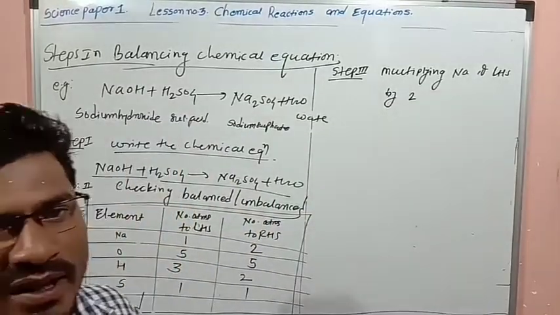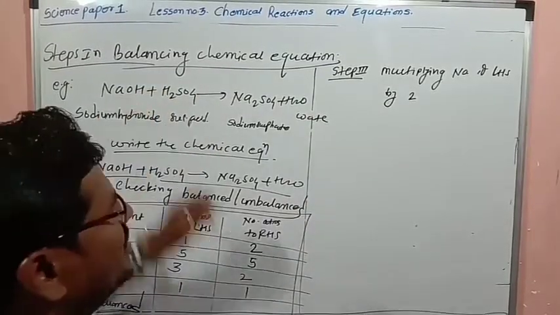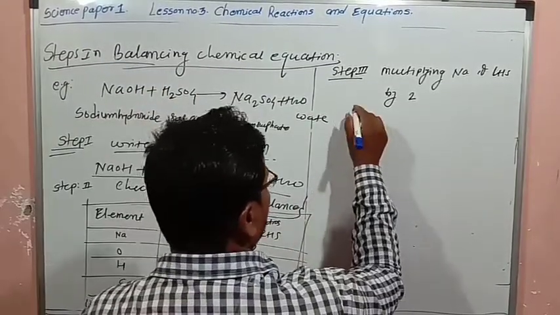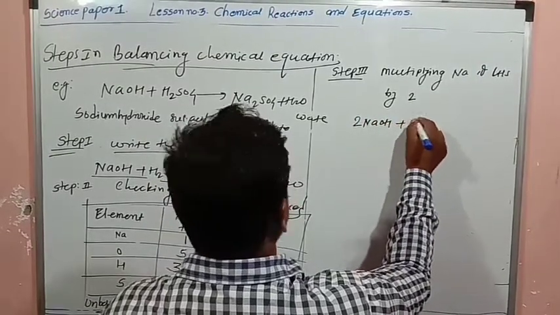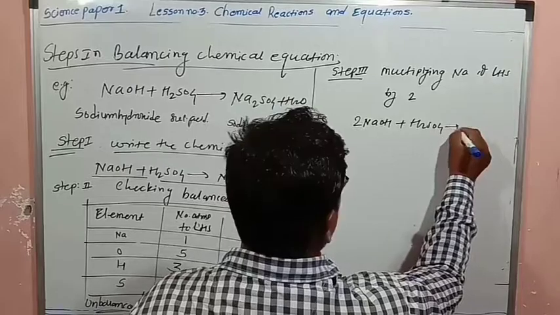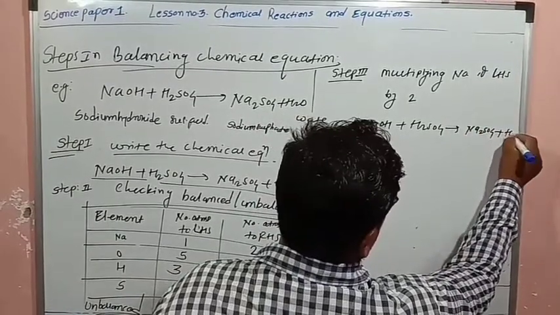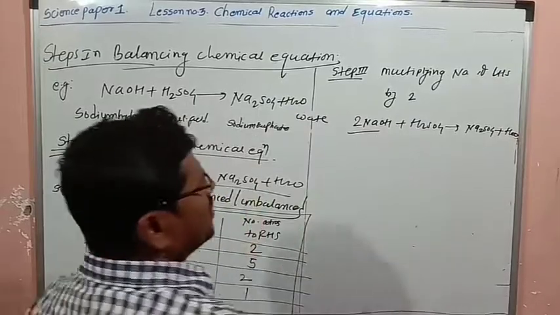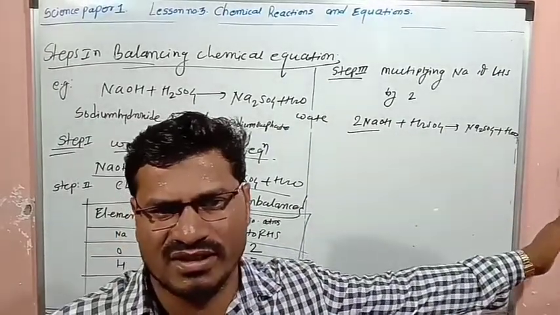You have to multiply sodium of LHS by 2. So you have to write the chemical equation: twice NaOH plus H2SO4 gives Na2SO4 plus H2O. So here the number of atoms of sodium on the LHS and RHS are equal.